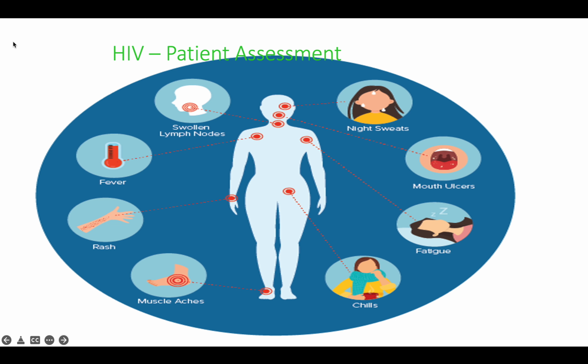Maybe we look in their mouth and we see sores in their mouth that indicate that an infection is occurring. Okay, or maybe we don't see anything at all. Remember, in our window period, we can see asymptomatic. So we have to remember that and consider that as well. As the viral load increases, okay, as the body has more and more HIV virus in it and fewer T cells to fight off this virus, we're going to see more symptoms.